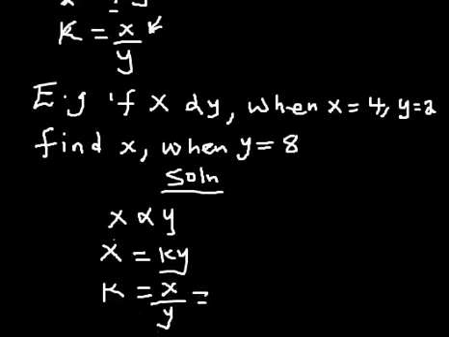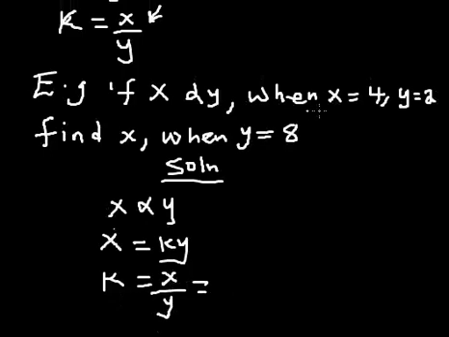That's the relationship. So the very first thing now is to go to the value that was given: when x is equal to 4, I put x equal to 4, divided by y equal to 2. I need to get the value of the constant before I now solve the question.